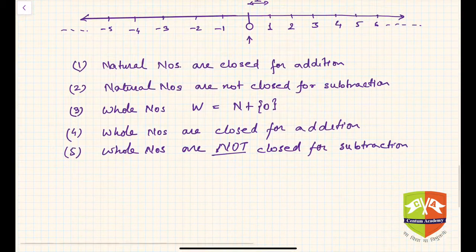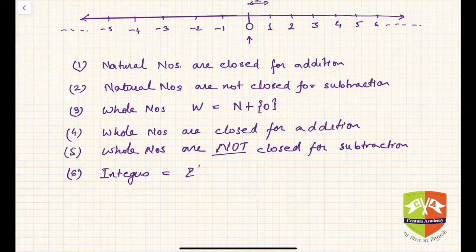And hence we needed some external intervention, and we formulated a new set of numbers which are called integers. What are integers? Denoted by letter Z for Zahlen, it is nothing but a set comprising infinitely many numbers: -3, -2, -1, 0, 1, 2, 3, and so on and so forth, right?